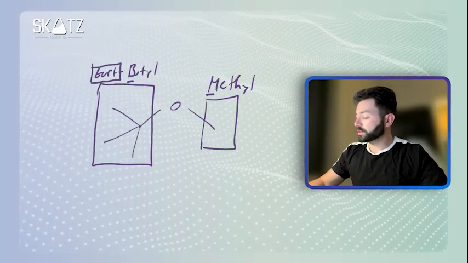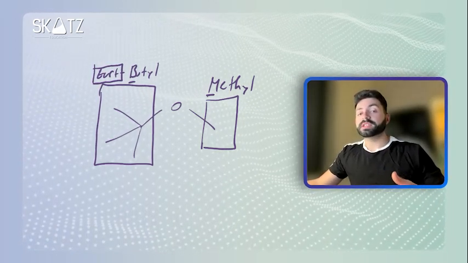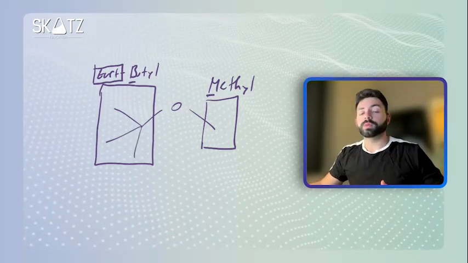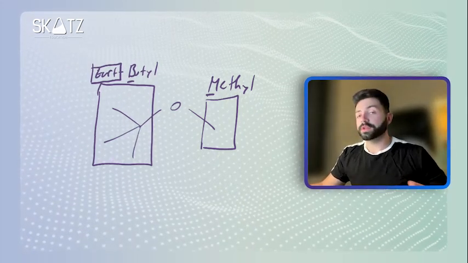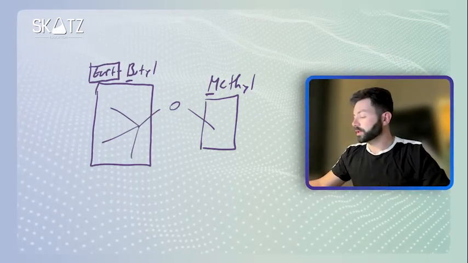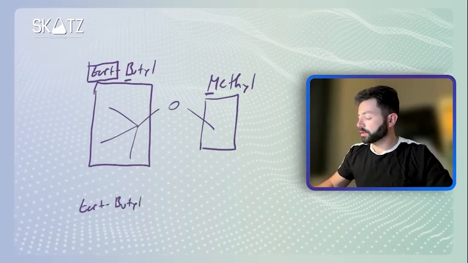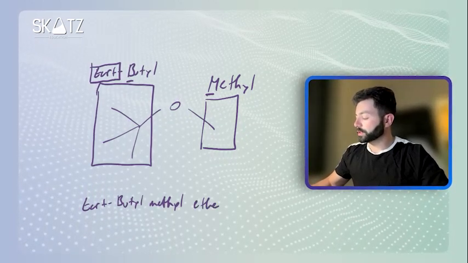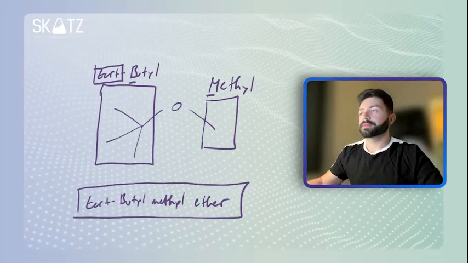Do not use the tert as part of your alphabetical ordering, because tert is not used when we're considering substituents and arranging them in alphabetical order. You want to use what's in front of the tert. So if it's tert butyl, you're going to stick with B. So to arrange these in alphabetical order, it'll look like this: tert-butyl methyl, and then always add ether at the end of it. And this is your answer for this compound.